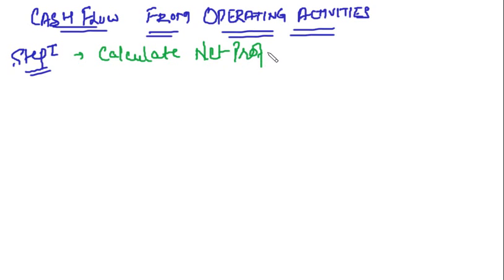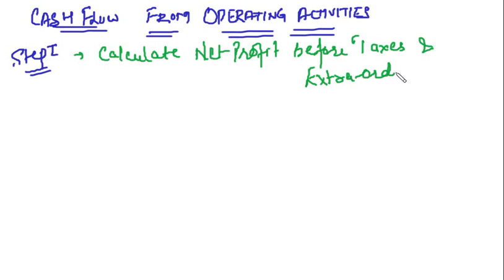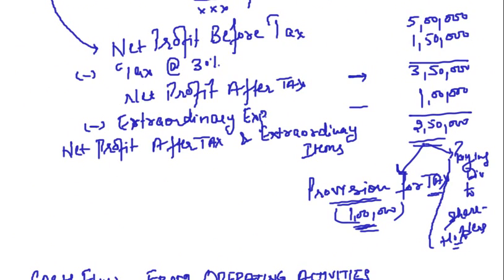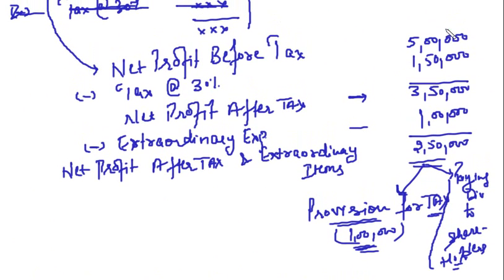Be careful in this. Calculate net profit before taxes and extraordinary items. So what is the first step in the preparation of cash flow from operating activities is we have to find out the net profit before taxes and extraordinary items. We have to find out this amount of 5 lakh. Clear?